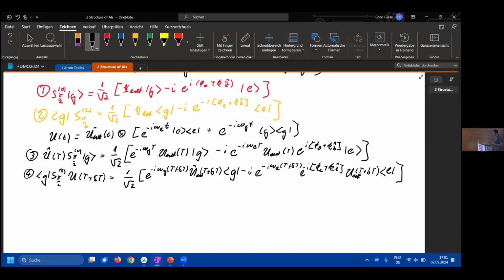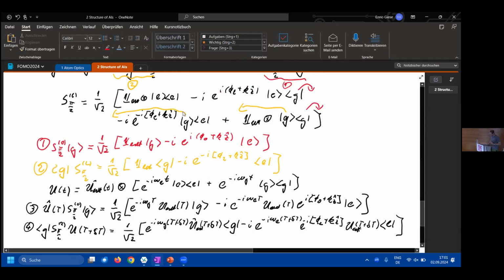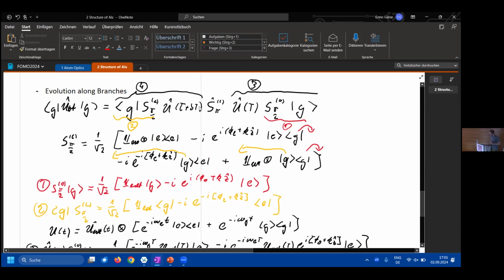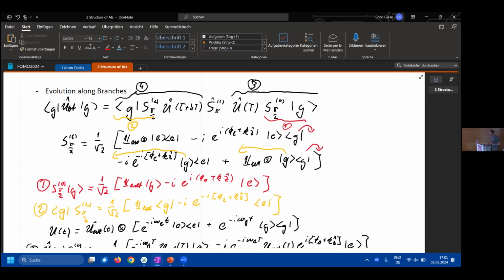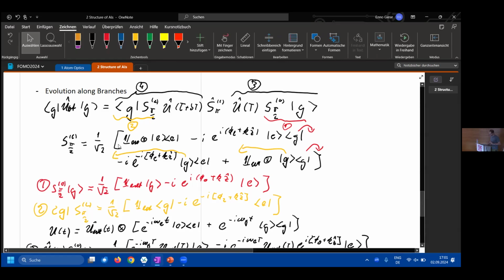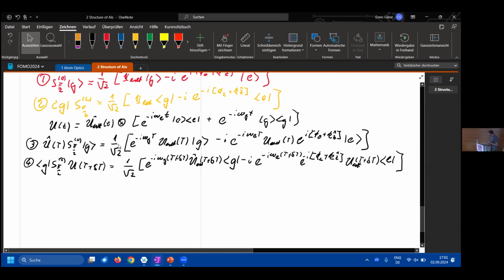And finally, what's left is the pi pulse. So when we're looking at that, we now calculated everything here on the left of the pi pulse and everything on the right of the pi pulse. So the only thing is that we still have to sandwich the pi pulse. Let's remember what the pi pulse is.